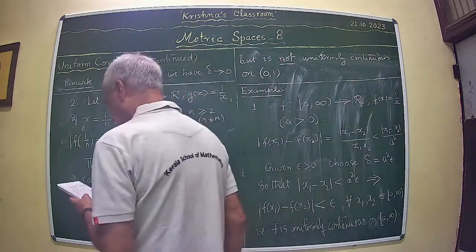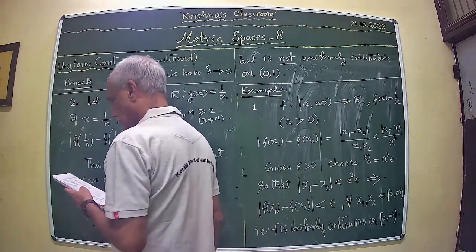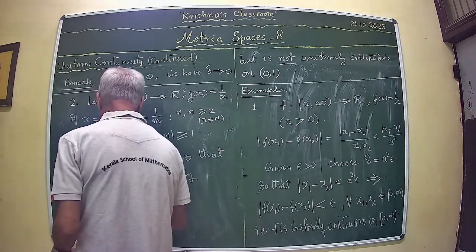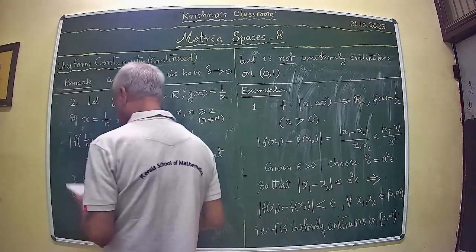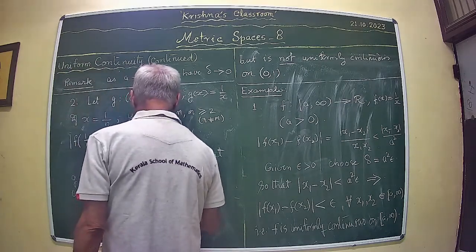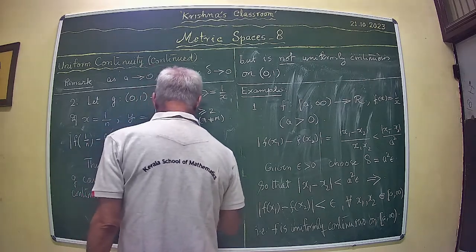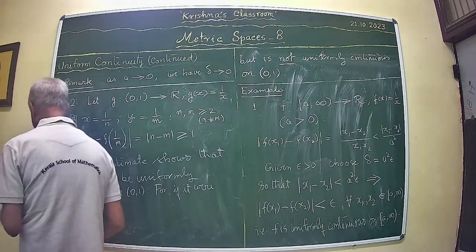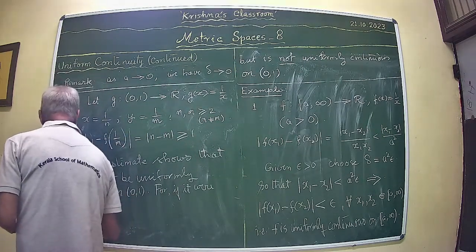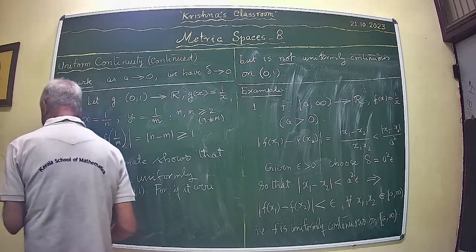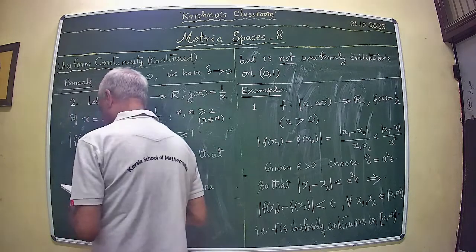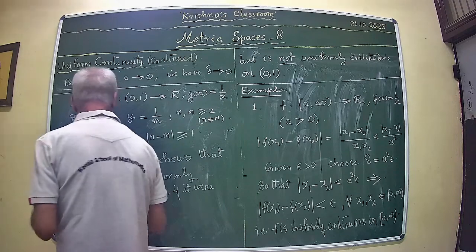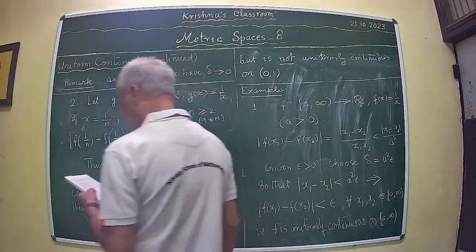What is the reason? On 0, 1, if it were, then for epsilon equal to 1. Okay.